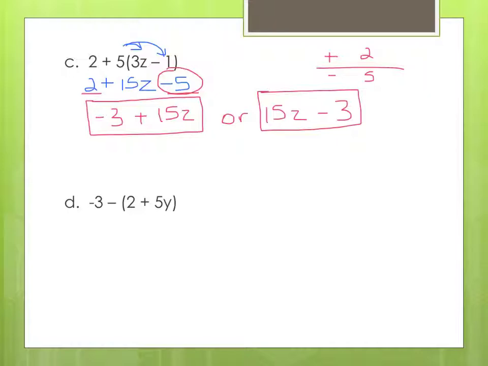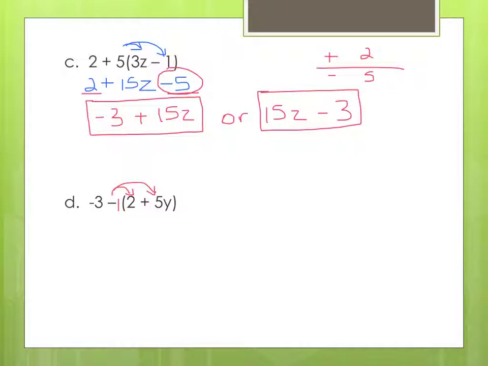Okay, on example D, recall from a previous section that anytime we have a minus in front of the parentheses, we put a 1 and distribute the negative 1. This is a very important step and one that a lot of students forget to do. So I'm going to start again with distributive property. So parentheses should be a clue that you start with distributive property most of the time.